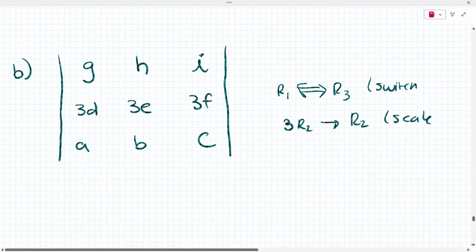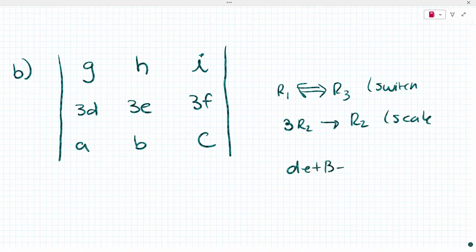So let's see. If we did a switch, determinant of B equals negative K determinant of A, right? Because that's the rule. If you switch it, it's going to be that. So determinant B equals -3. The scalar is -3. And the determinant of A was given as 4.